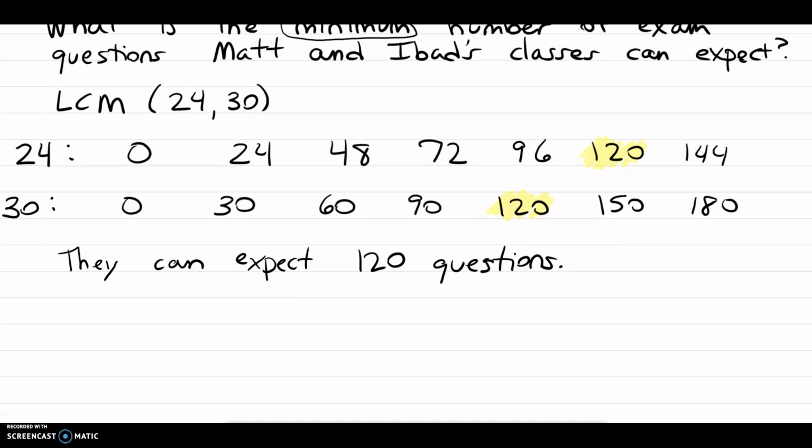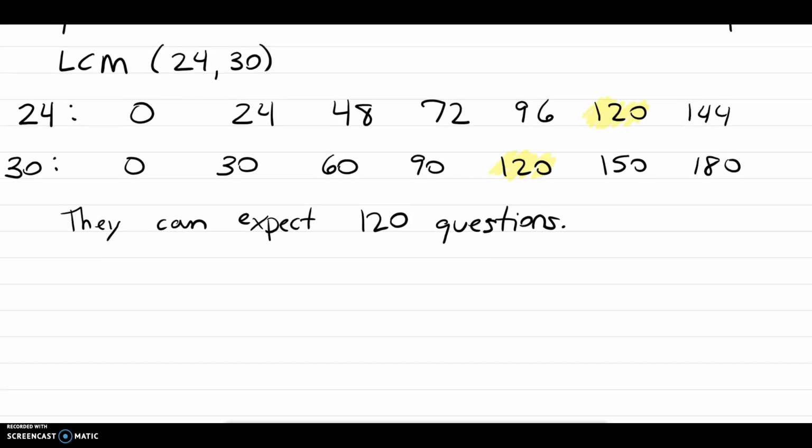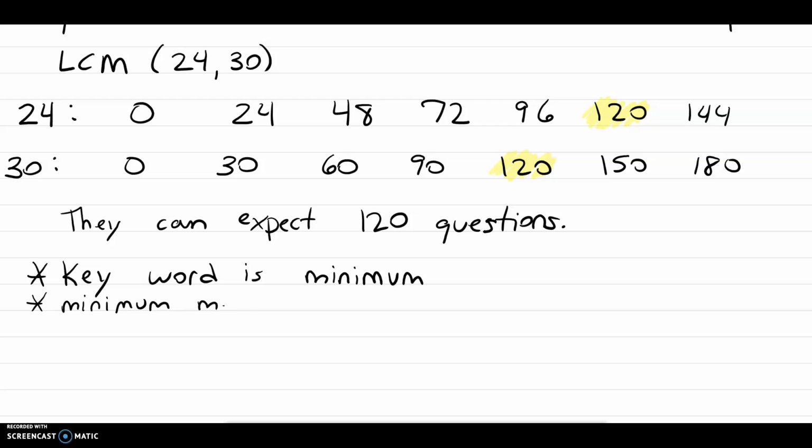So when you're given a word problem and you're trying to figure out, do I do least common multiple or greatest common factor, the key word is minimum. That's going to tell you least common multiple. So minimum means LCM, least common multiple.